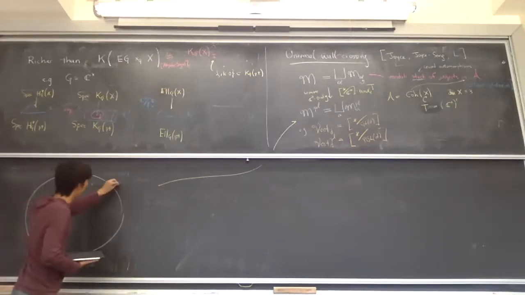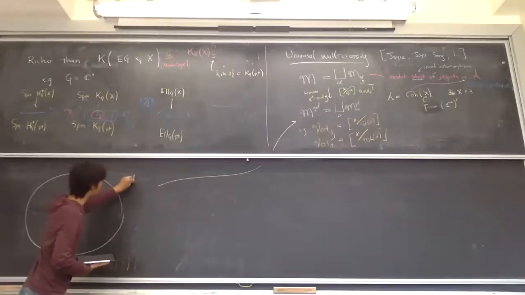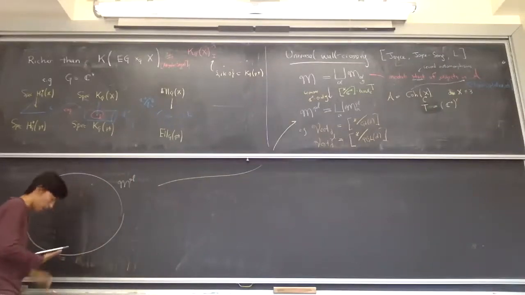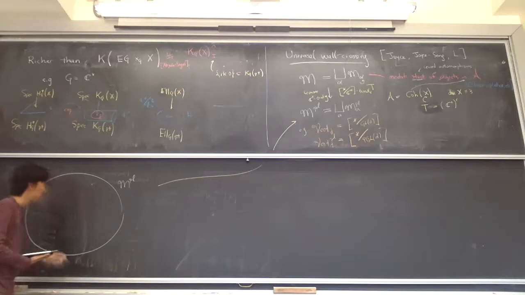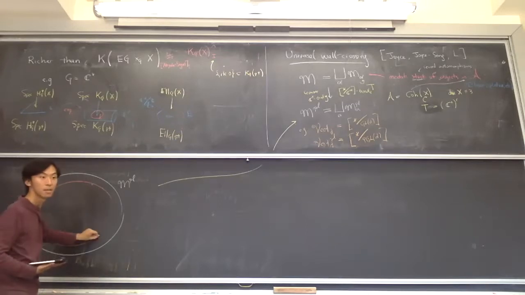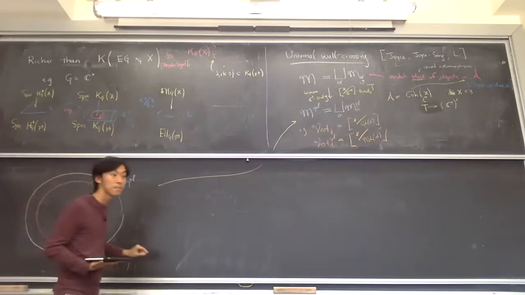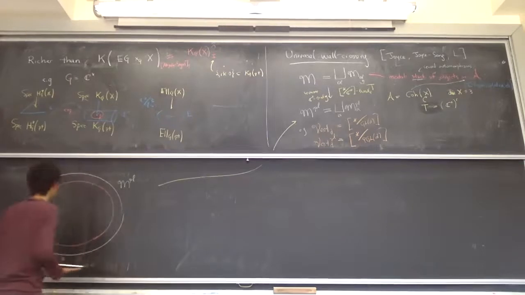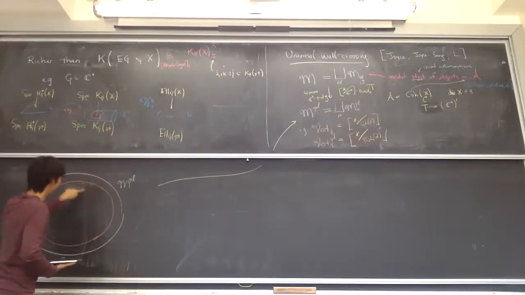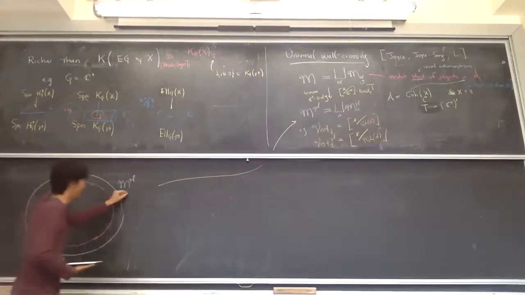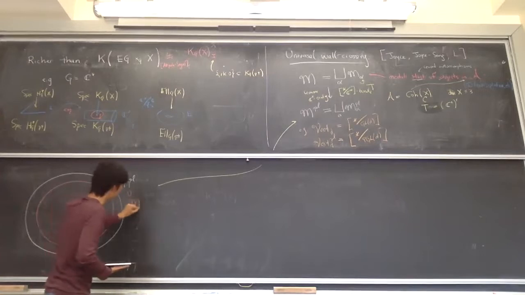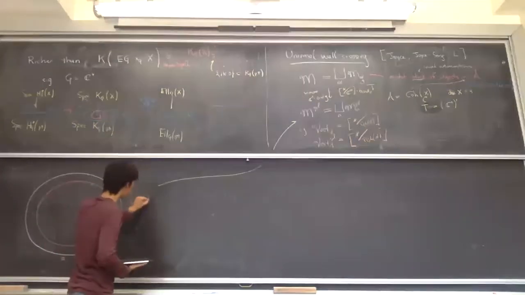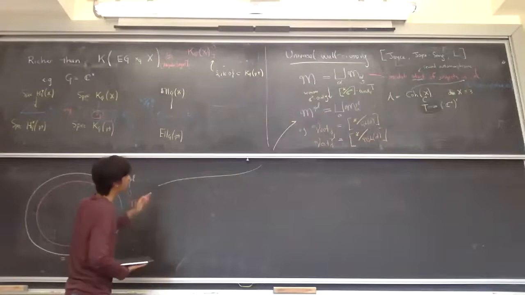Okay. So you've got MPL. And we're going to have some notion of stability such that the semi-stable locus sits inside here. Let's fix a component alpha.